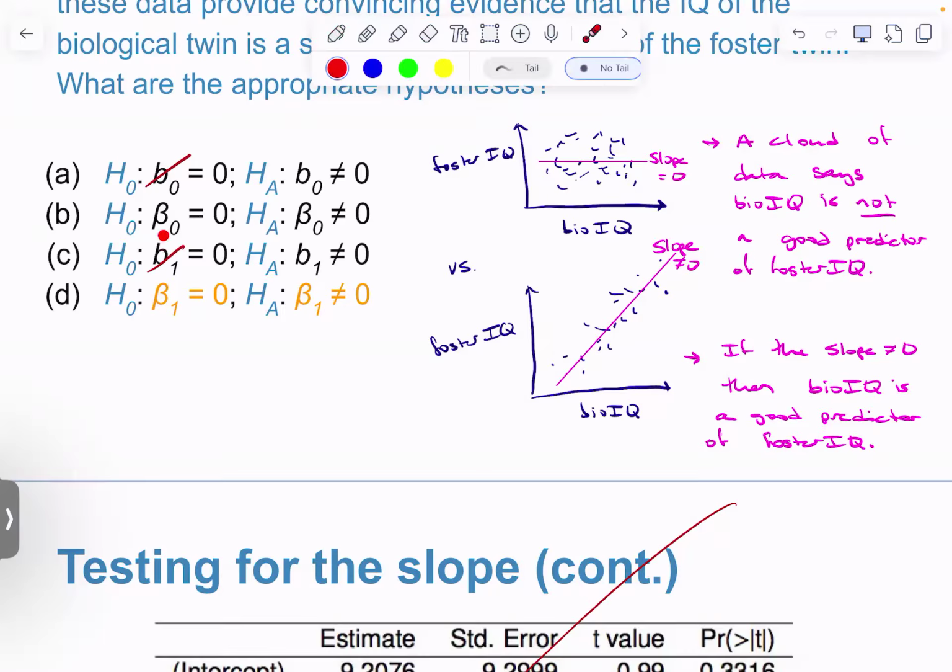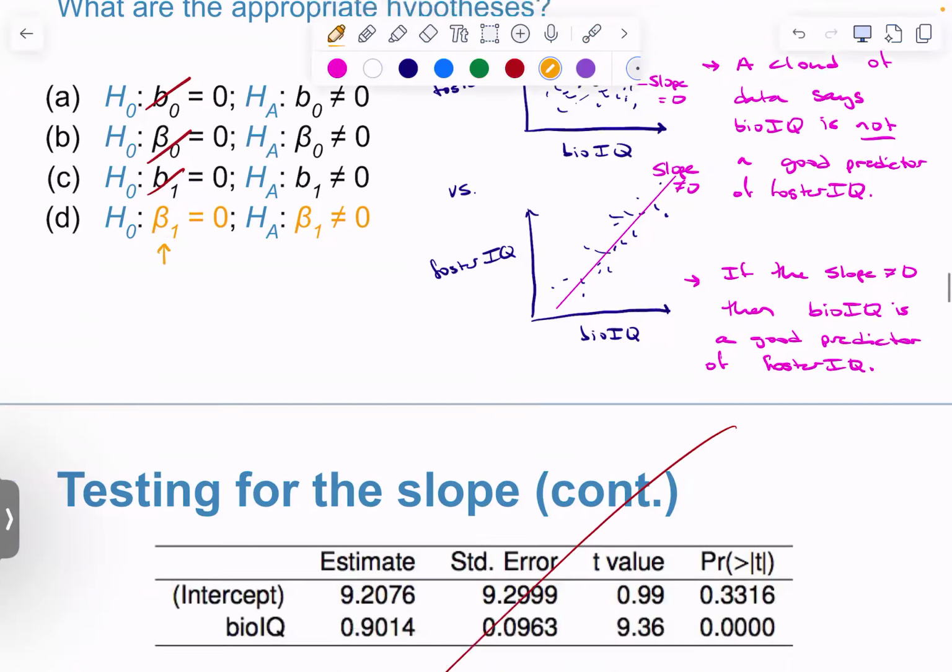Then beta naught, that's the population y-intercept, right? Which we can do hypothesis testing about, but it's a lot less common because we know lines just cross at some point. And so unless it's a specific case, usually that's not what we want to do hypothesis testing about. What we do want to do hypothesis testing about is beta 1, the population slope.